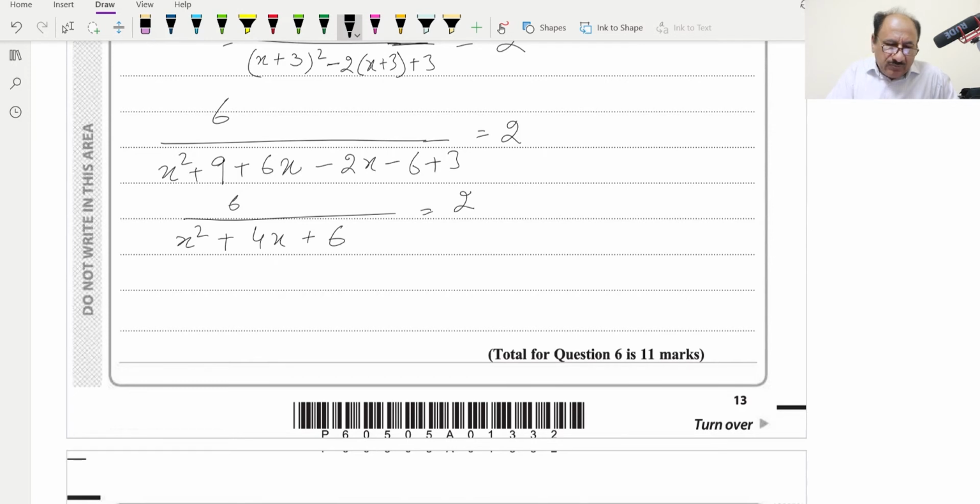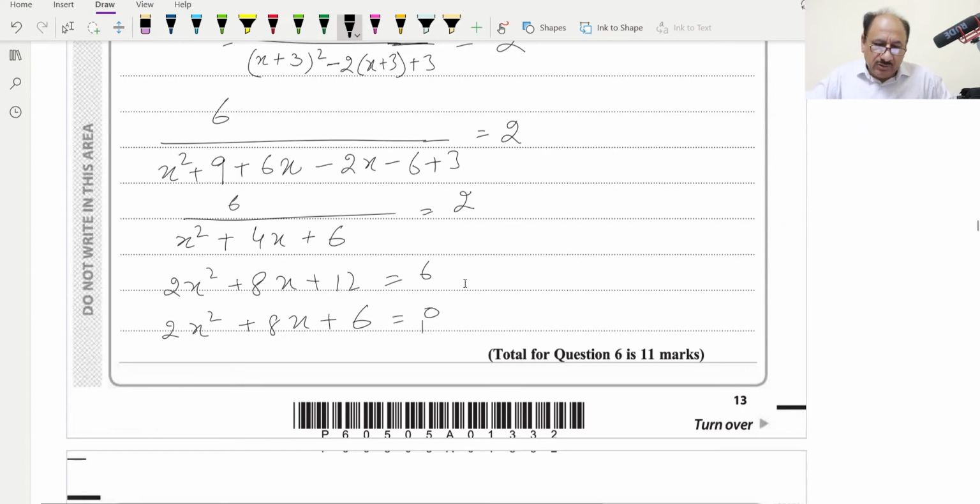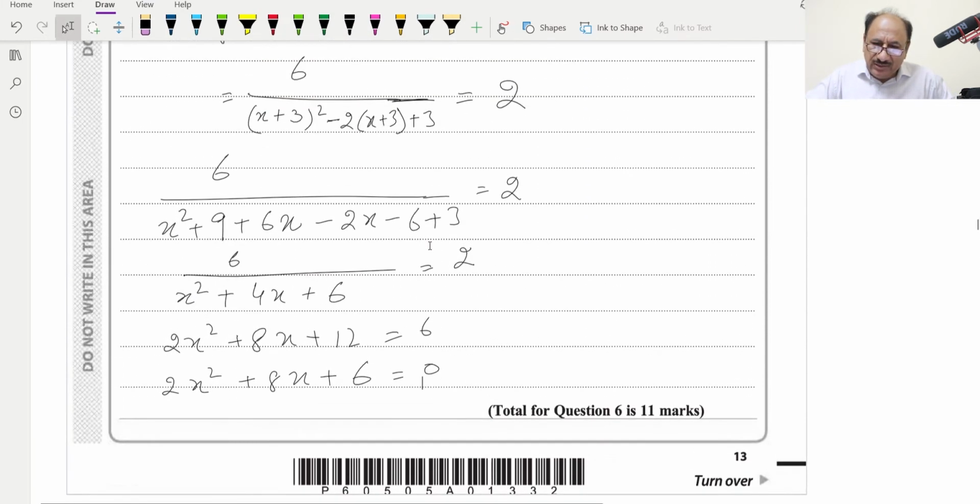Now we can cross multiply and we will get 2x squared plus 8x plus 12 is equal to 6, and we can rewrite it as 2x squared plus 8x, and plus 12 minus 6 will be 6, so this will be equal to 0. Now we got the quadratic equation which we can solve.